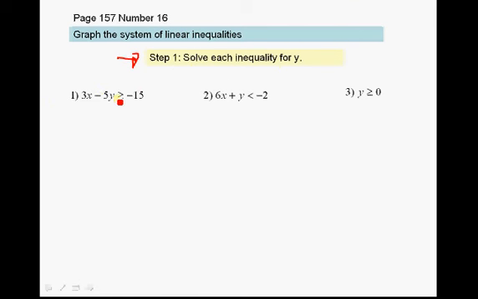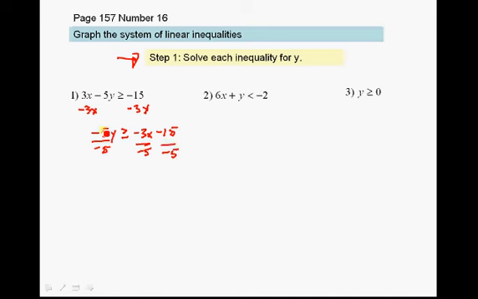So here we go. 3x minus 5y is greater than or equal to negative 15. We have to solve for y, isolate y. Subtract 3x from both sides, and we get negative 5y is greater than or equal to negative 3x minus 15. Divide both sides by negative 5. What you do to one term, you do to every term. Now here's the trick.